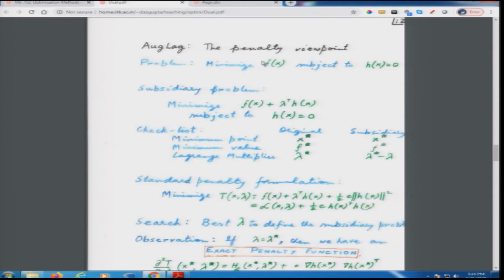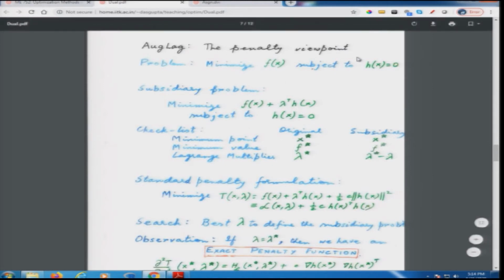Just check: grad f plus grad h lambda star should be 0 for the original problem, and for this problem grad f plus grad h lambda plus grad h into something, that something happens to be lambda star minus lambda. So when they add up, you get the same thing, which is 0.